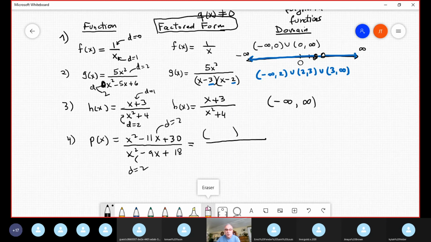I open 2 parentheses and put x in each. For the first, I suppose 6 and 5, because 6 times 5 is 30, and 6 plus 5 is 11, no? So minus.